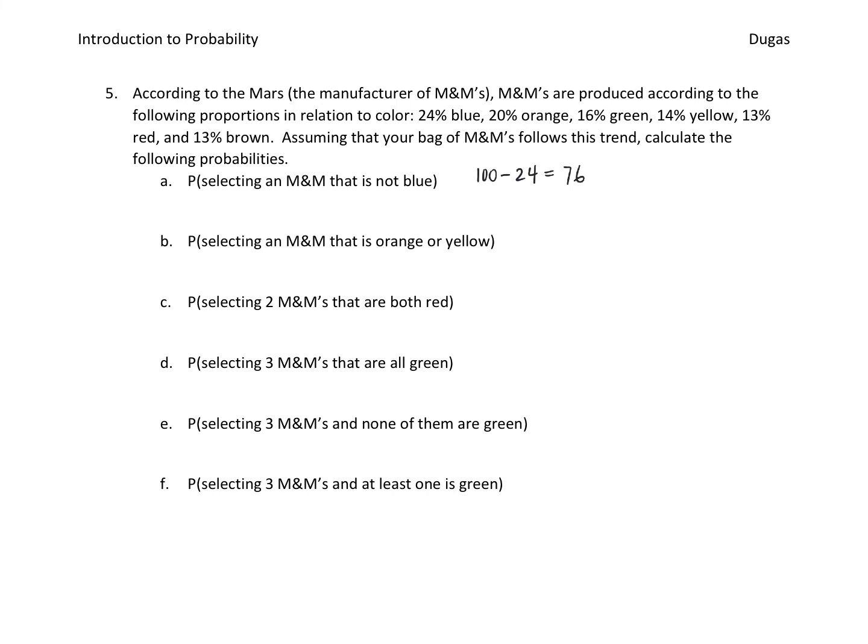So that's how many are not blue. So the probability of selecting an M&M that is not blue is 76%. It doesn't tell us how to write our answers, so I guess we can do decimal form. Or you can say 76%.